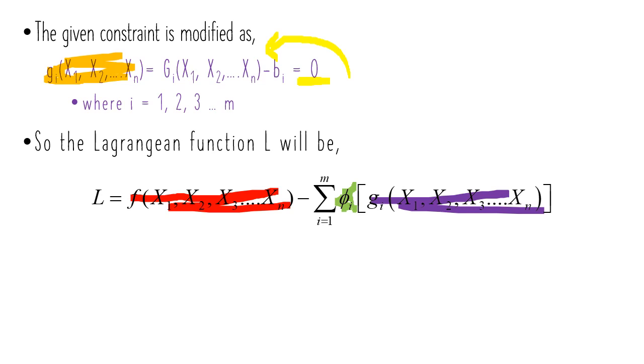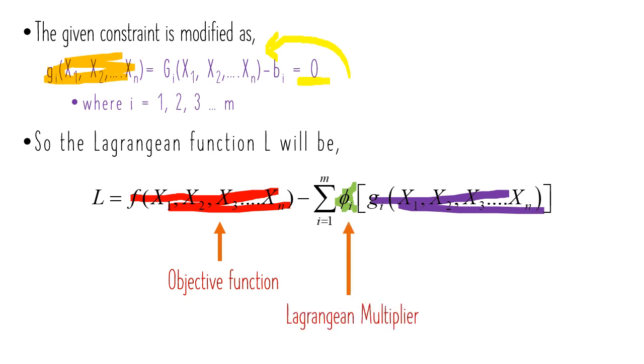This is my Lagrangian equation, and we use it to solve the problems. As we discussed, it consists of the objective function, the Lagrangian multiplier, and a set of constraints.